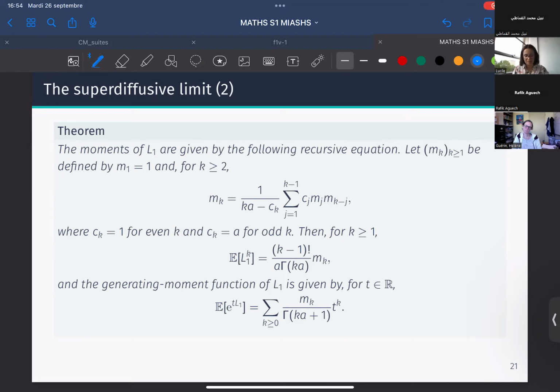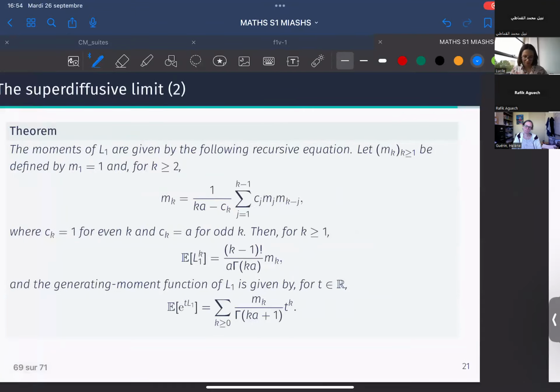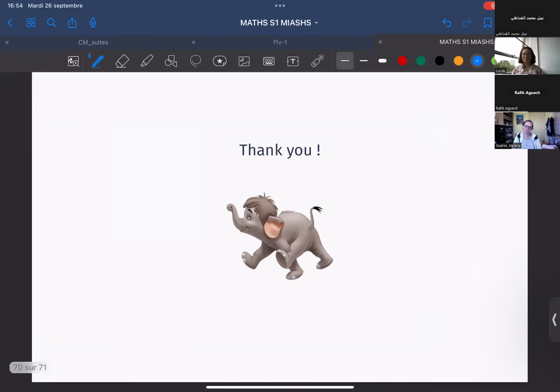And we can show that there is this Mittag-Leffler, but this is with other techniques that I'm not going to explain today. But so this is here. And I think that's all. Thanks.